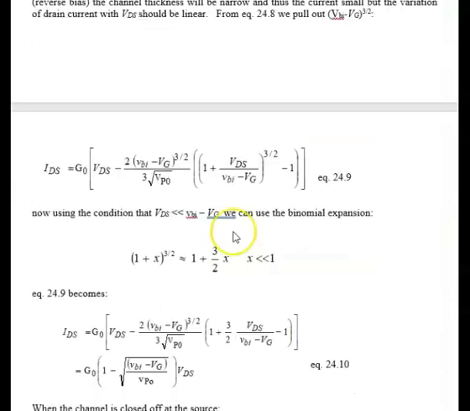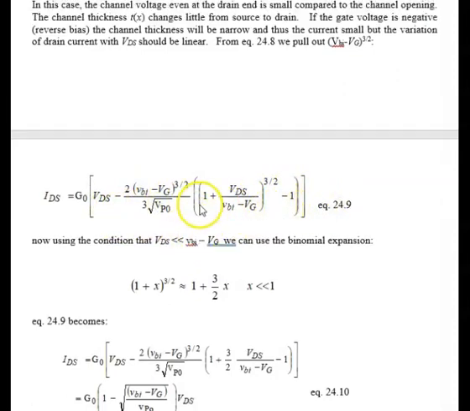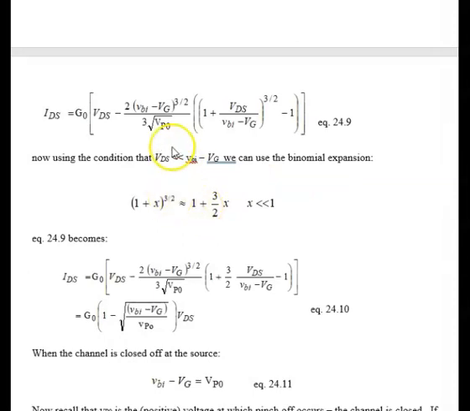So we just pull that thing under the parentheses, and so this is just high school algebra to get from 24.8 to 24.9, and now we can use this first order expansion. And when we do that, let's see how that works. So we take this term right here, and we use this first order expansion to get 24.10.